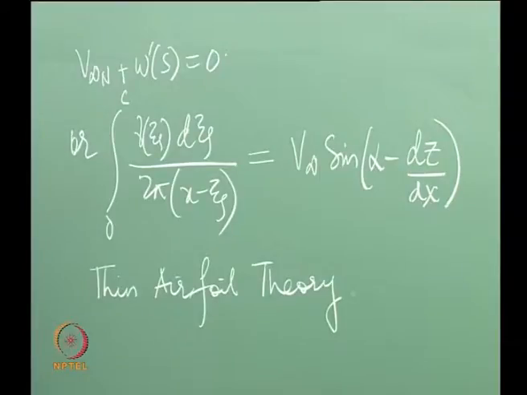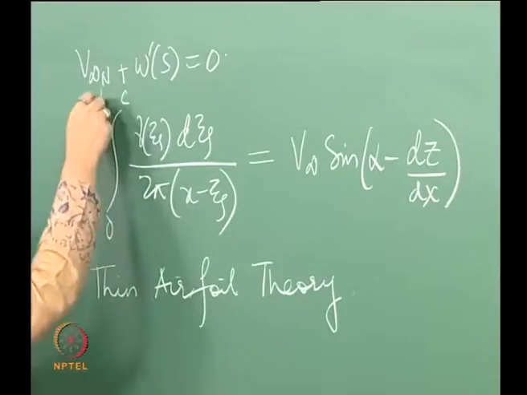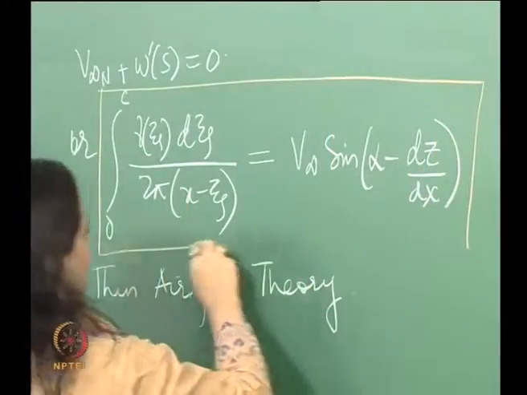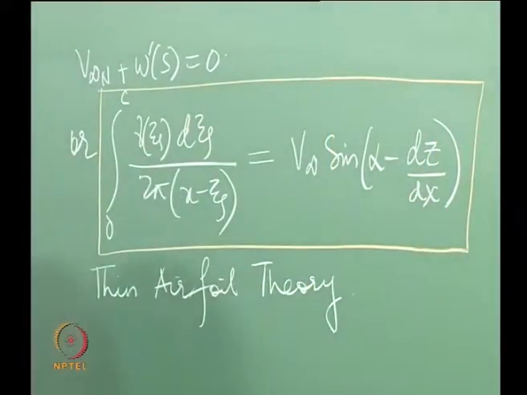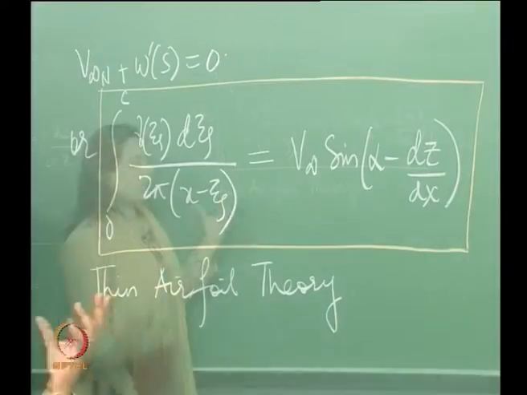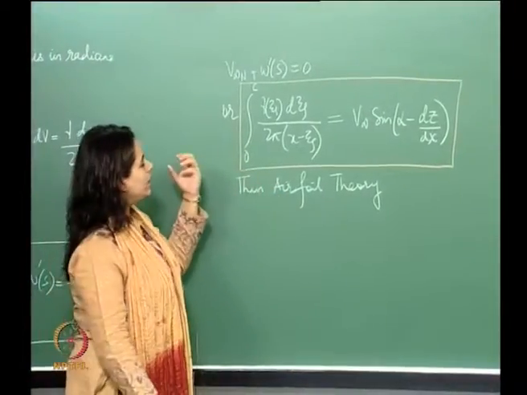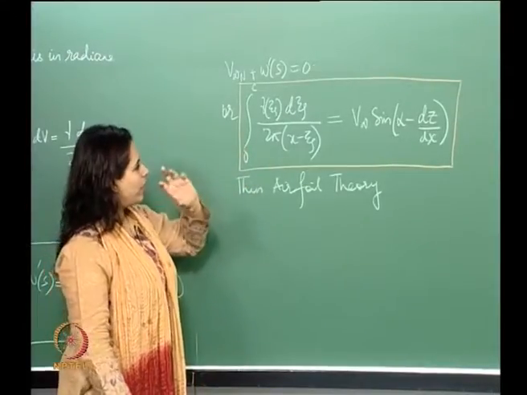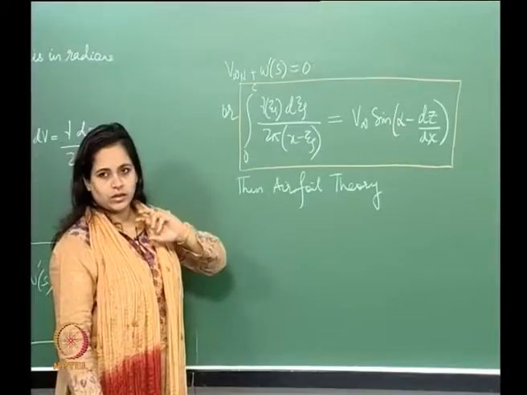So if I'm going to box this up, so this is essentially the statement of the thin airfoil theory, which is nothing but the imposition of the zero normal boundary condition, where the camber line is a streamline.